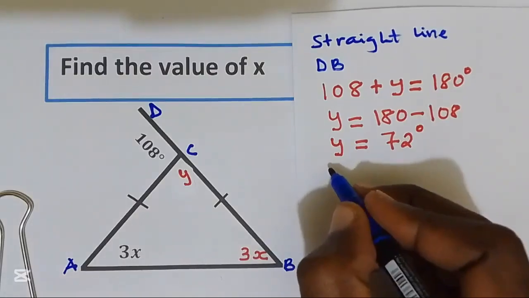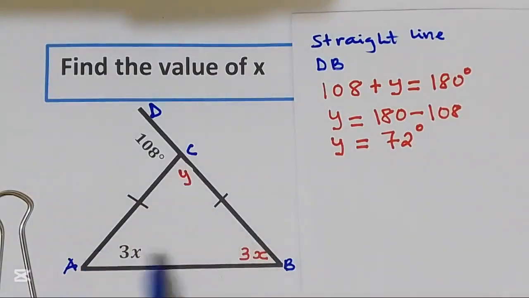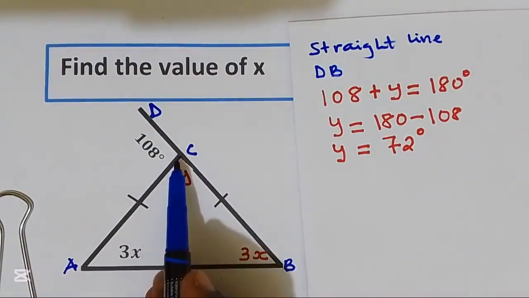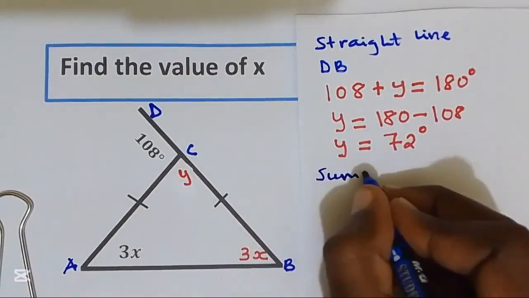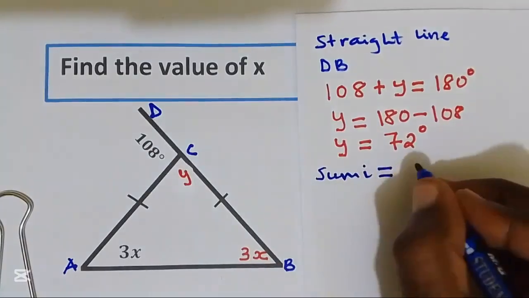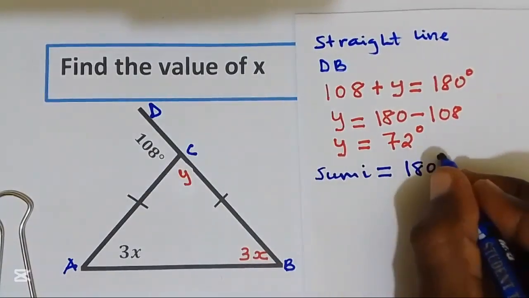We know that the sum of interior angles of a triangle is equal to 180 degrees.